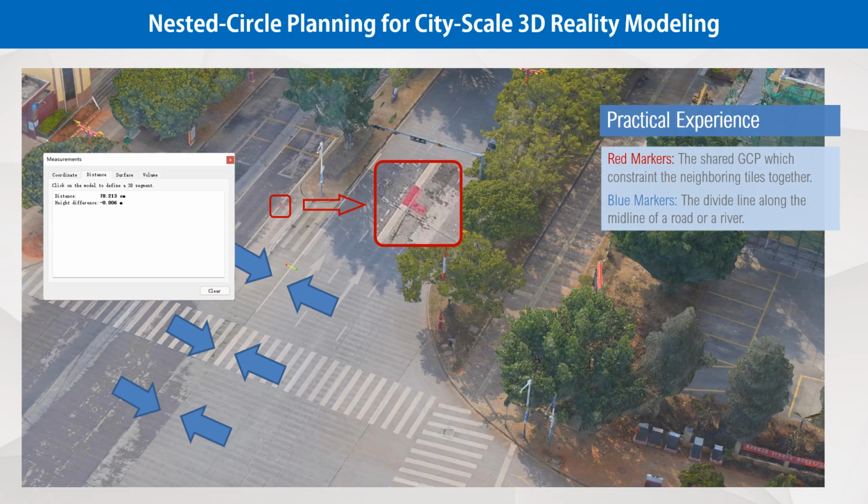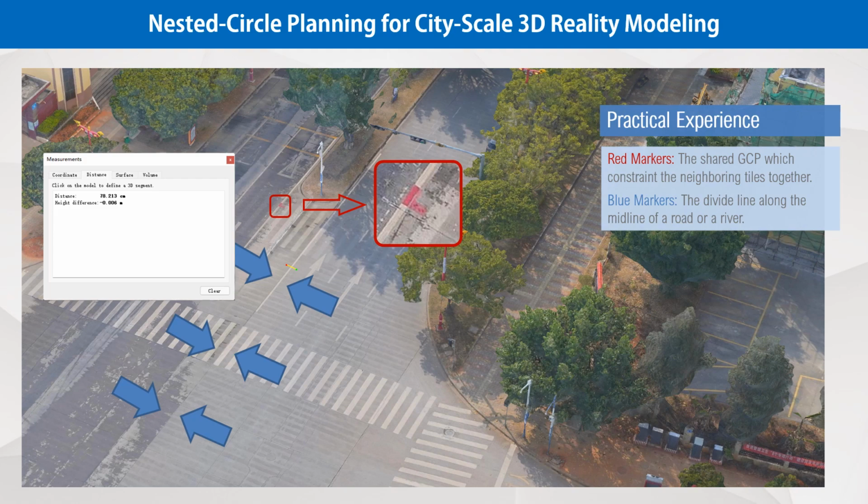On the other hand, since the entire photo groups are not error triangulated together, the neighboring cells may not be constrained together. It may cause height differences and misalignment between them. We can solve this problem by sharing GCPs between neighboring cells, as the red markers shown on the screen.